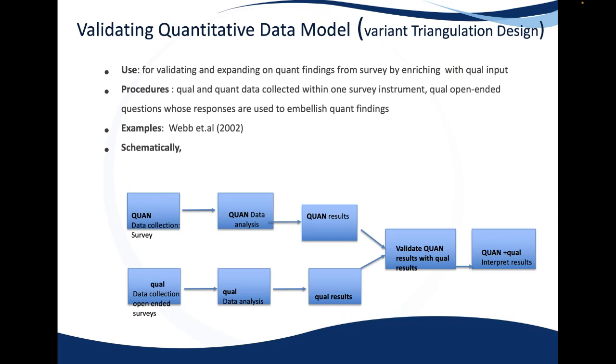They'd say, yes, I've chosen option B, but their answer that tells you why will involve qualitative data, and that qualitative data you can use along with your quantitative results to help you validate it, to explain it better. So that process of taking those qualitative elements and throwing them essentially into a quantitative study allows you to validate the quantitative data. But it is a variant of triangulation design.